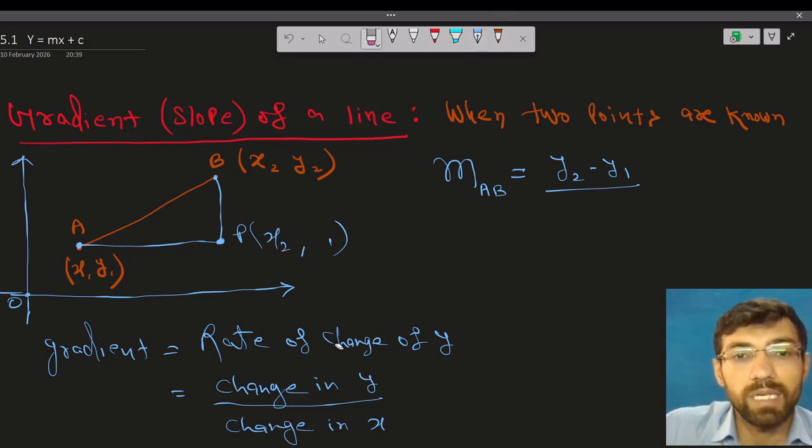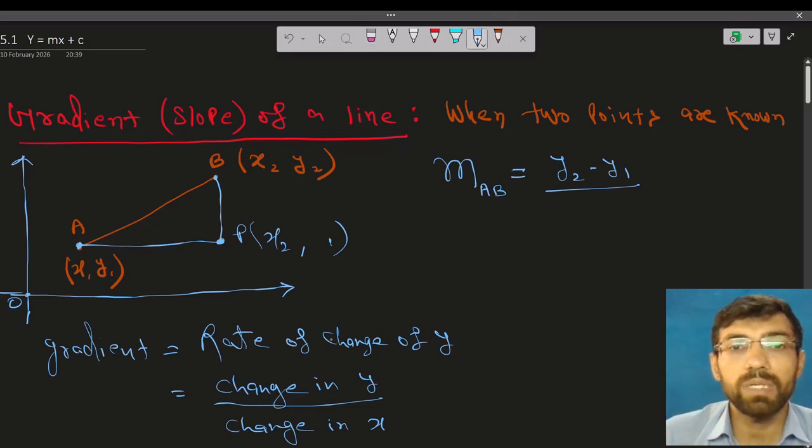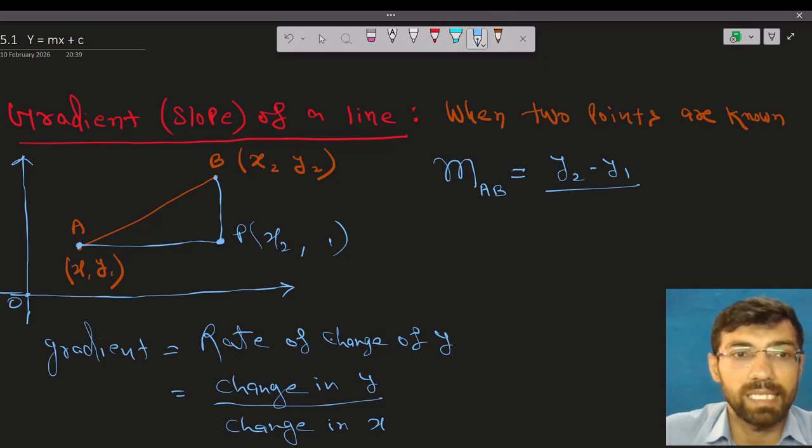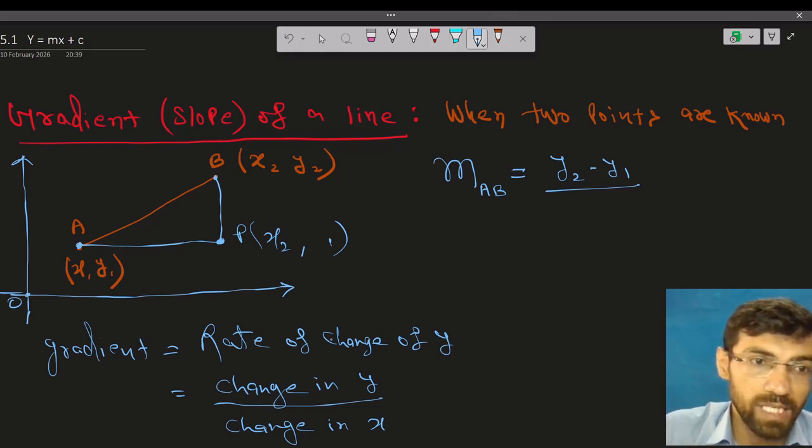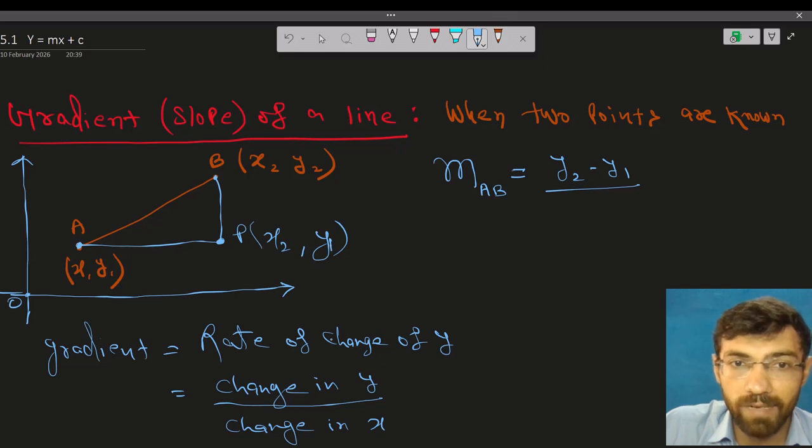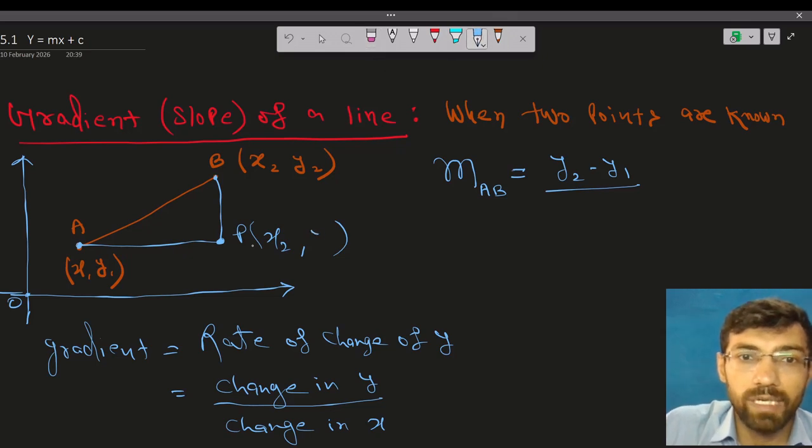What about the y coordinate? The y coordinate gives us an idea about height, or distance from the x-axis. Can we say the height of point A from the x-axis will be the same as the height of point P from the x-axis? Yes, so since point A has y coordinate y1, this one will also have y coordinate y1 only.